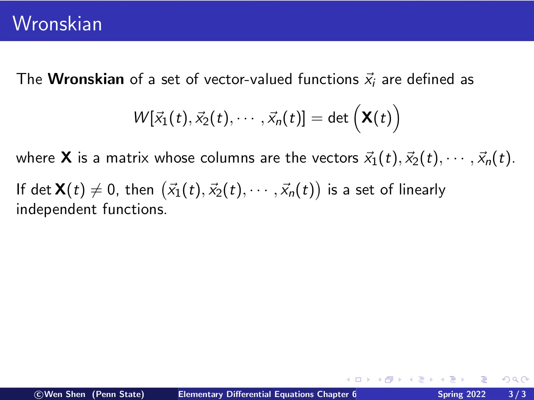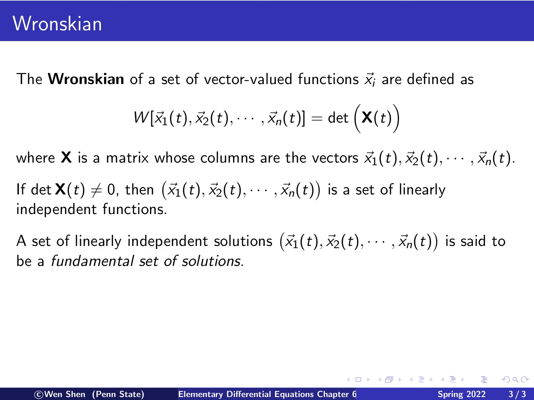Again, this Wronskian can be used to determine if the set of functions is linearly independent. If the determinant of this is not 0, then this set of n vectors is called a set of linearly independent functions. And that is what we wish to have when we want to form solutions. So if you now manage to find a set of linearly independent solutions, x1, x2 to x_n, then we call this a fundamental set of solutions.